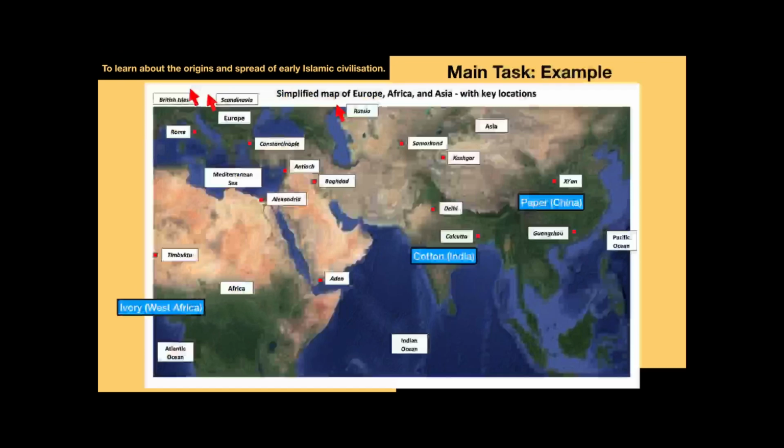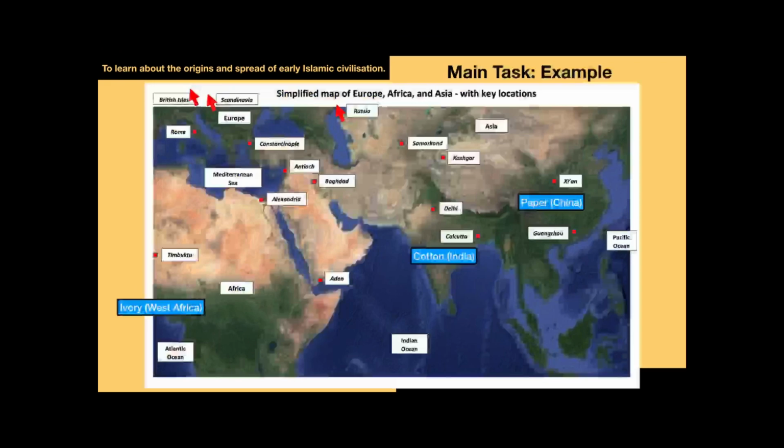So for example, paper was often sourced from China, cotton sourced from India, and ivory sourced from West Africa. And I've used my text tool on my app to put those different boxes on. Using my shopping list, any other items that you can find out as well, can you place the different items along the Silk Road, where you would find them, and where the different merchants would have traded from?